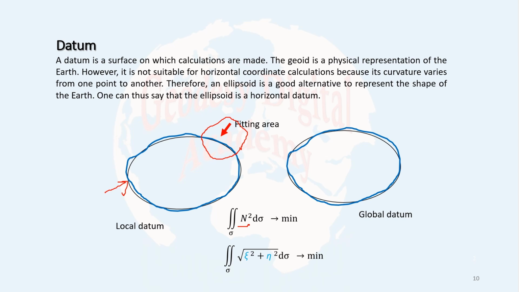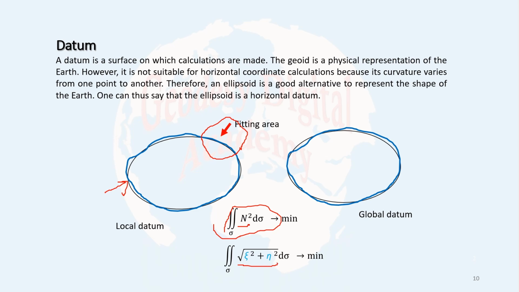We determine the ellipsoid parameters in such a way that this integral or summation of the squared values is minimized, which is actually the principle of least squares fitting.